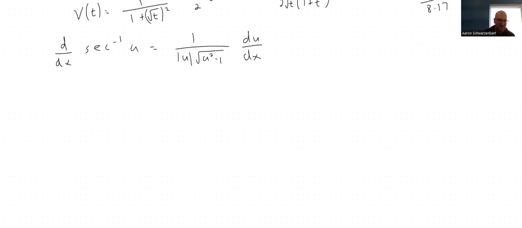The inverse tangent is kind of important to just have down because they like to give it as an integral and you have to reverse it.